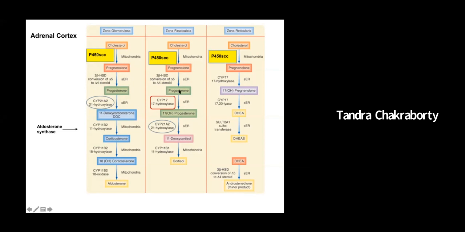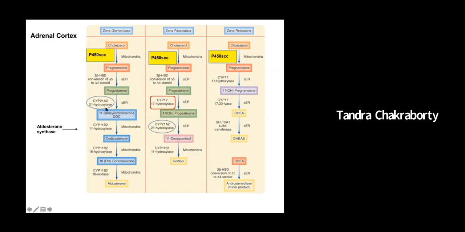But from progesterone onwards, remember, since the zona fasciculata does have 17 hydroxylase, the progesterone is converted into 17 hydroxyprogesterone. And since 17 hydroxylase is not present in the zona glomerulosa, this step does not take place. As a result, the pathway bifurcates. It goes into a different pathway.